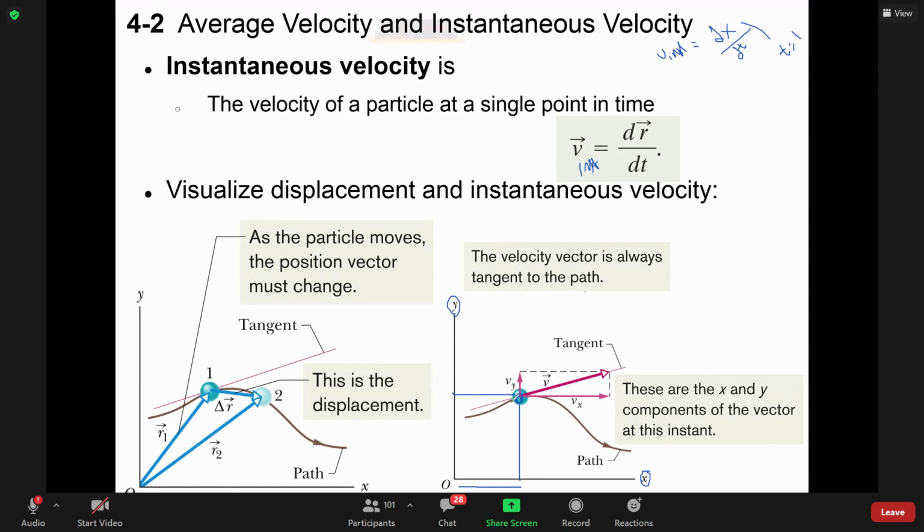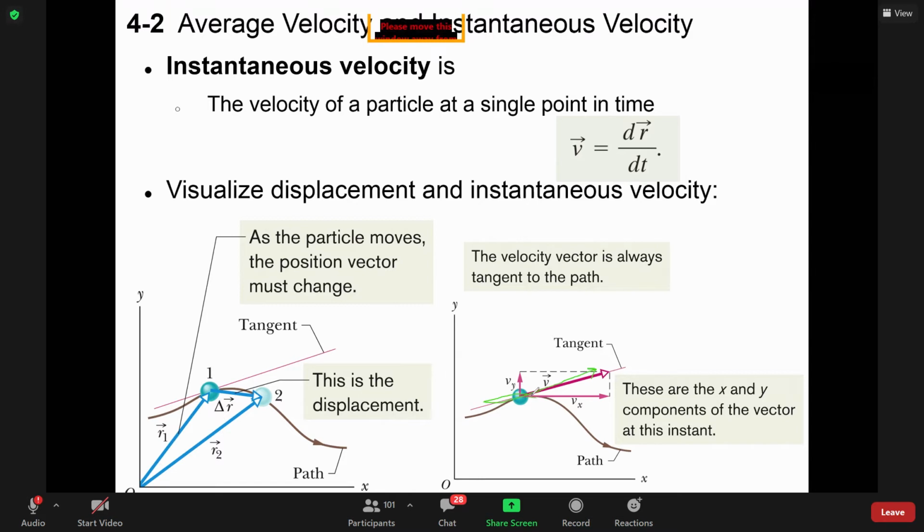This has a component along x and a component along y. Now, if I take a tangent at a certain point of its position, this is the instantaneous velocity.